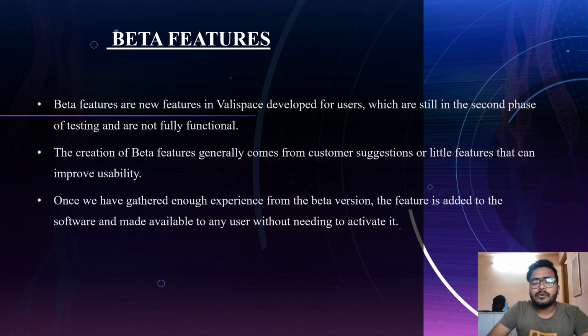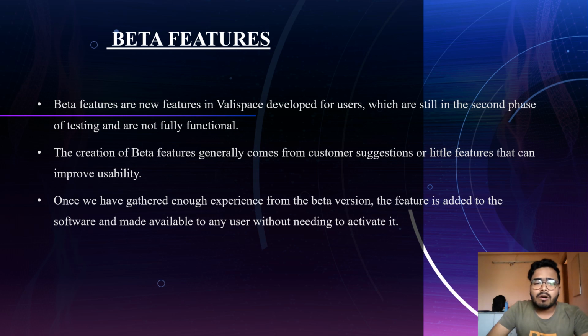This is a new feature of Valispace software. Beta features are new features in Valispace developed for users, which are still in the second phase of testing and are not fully functional.